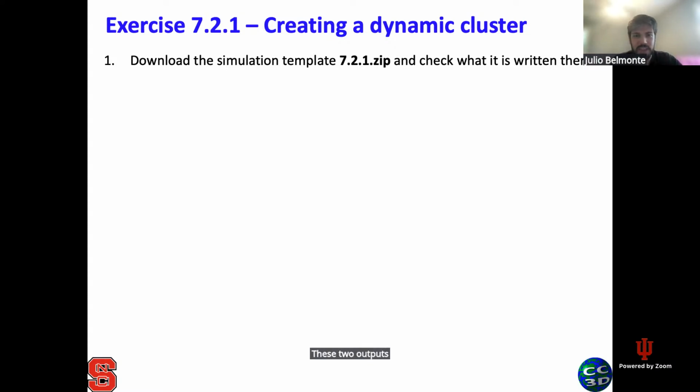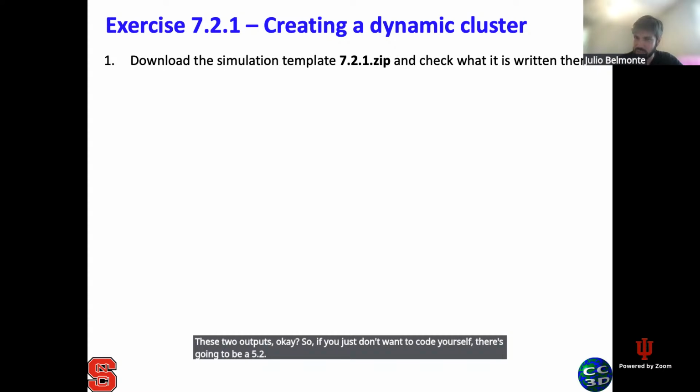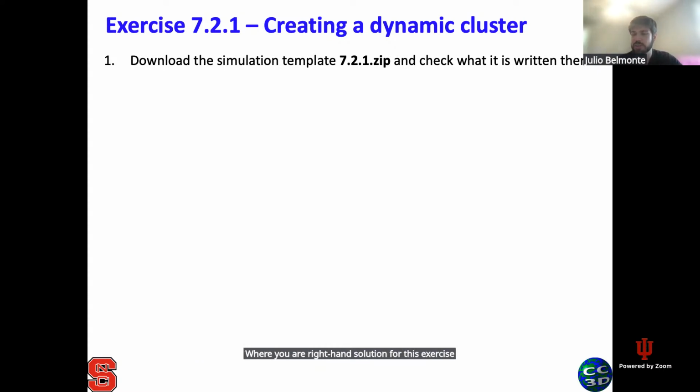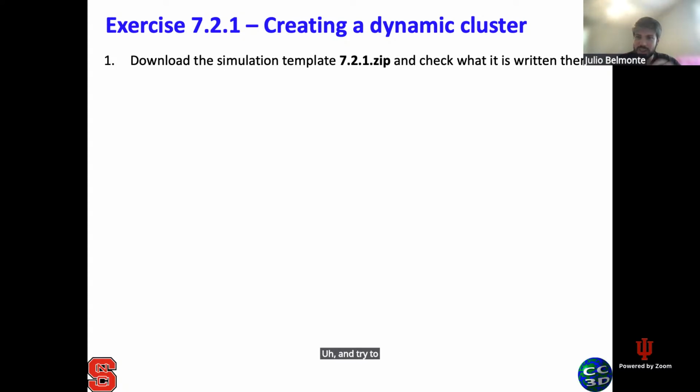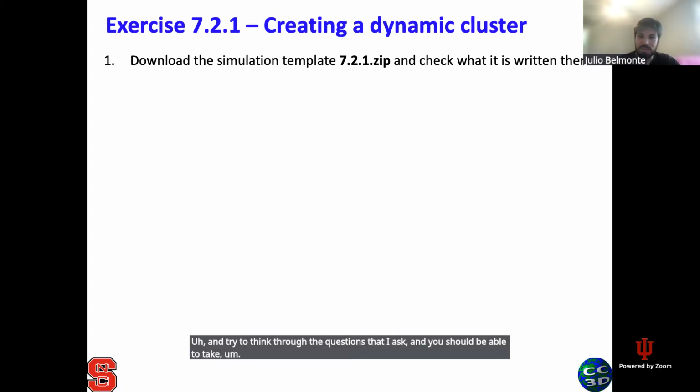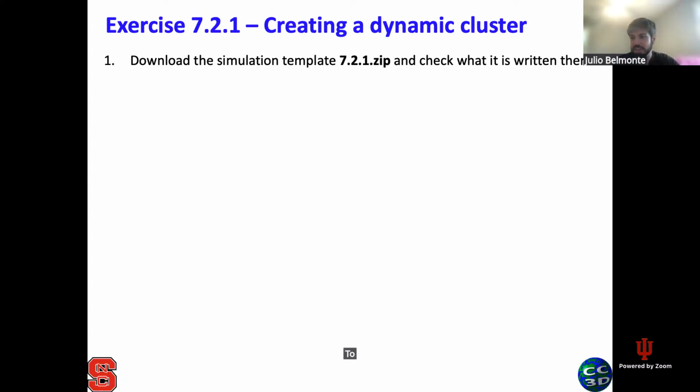If you don't want to code yourself, there's going to be a file 7.2.1a or b, where you already have a solution for this exercise. So if you don't want to code, it's okay. You just follow along with the slides and try to think through the questions that I ask, and you should also be able to learn the technique as well.